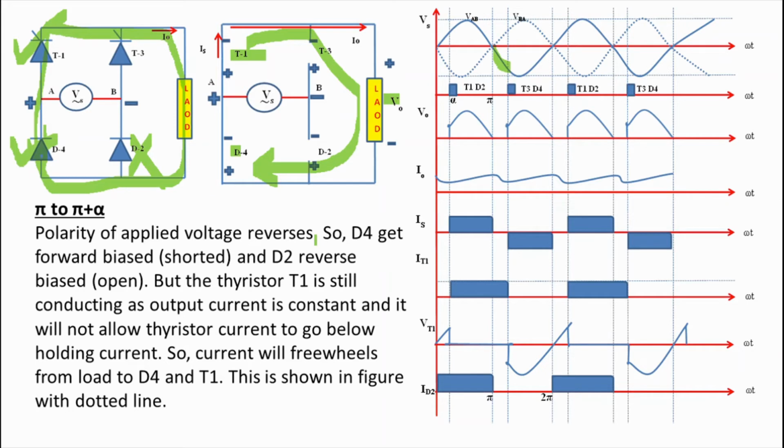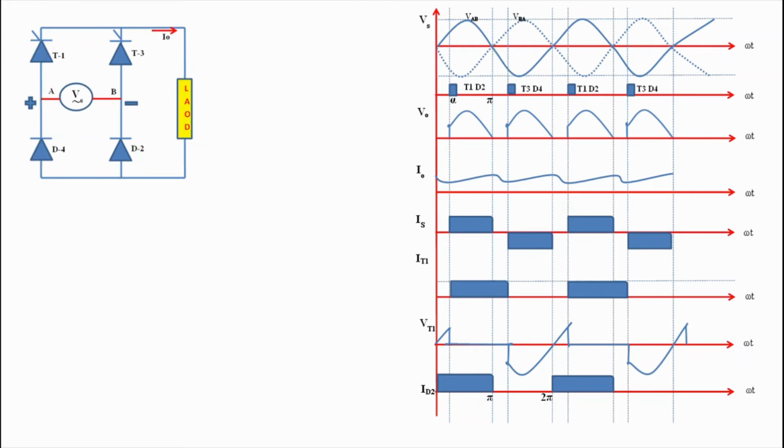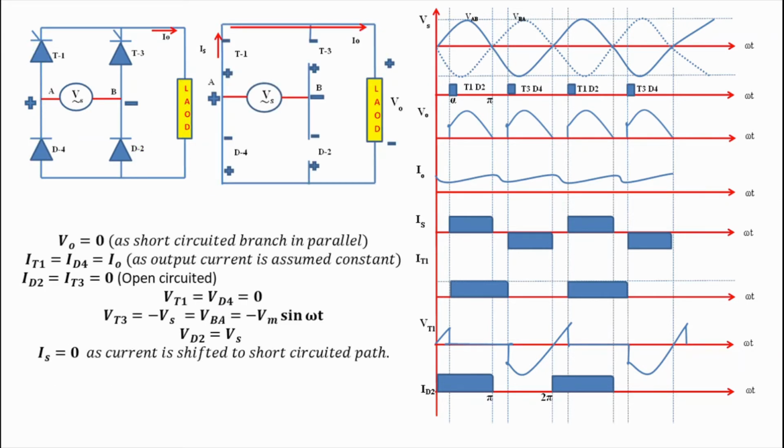Now V0 will be equals to 0 because it has this shorted branch in parallel. We can see IT1 is equals to ID4 that is equals to I0. That's why VT1 is equals to VD4 and that is equals to 0. Also we can see that there is no current through ID2 and IT3. This is because they both are open circuit because whole current is flowing through IT1 and ID4.